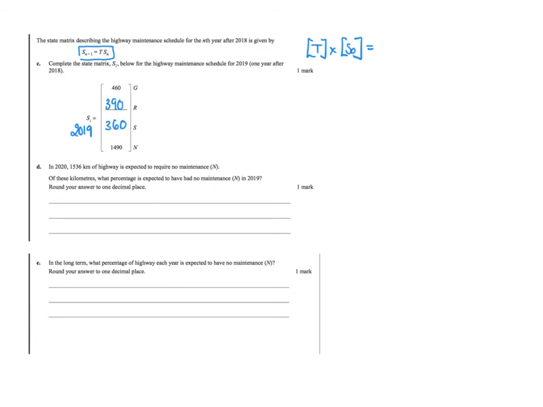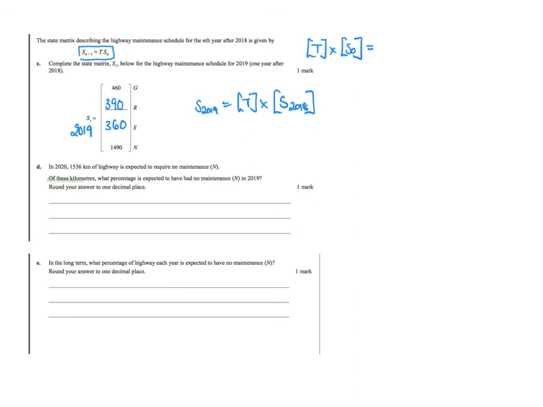All right, so we've done that in the calculator. So we've pretty much found 2019 by doing the transition times the 2018, the one before. Okay, in 2020, 1536 kilometers of the highway is expected to have no maintenance.